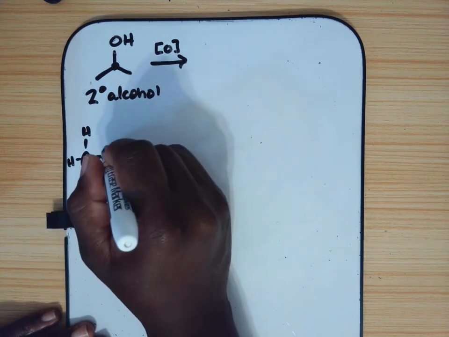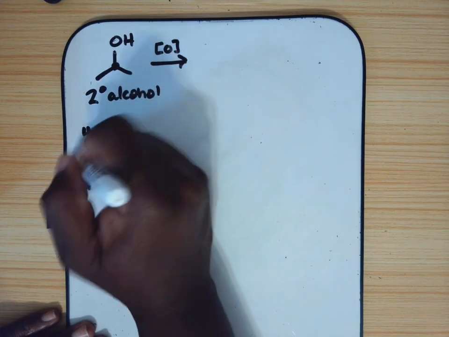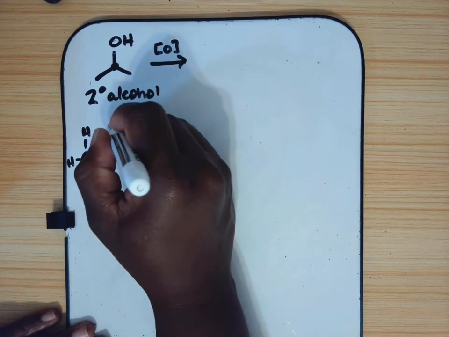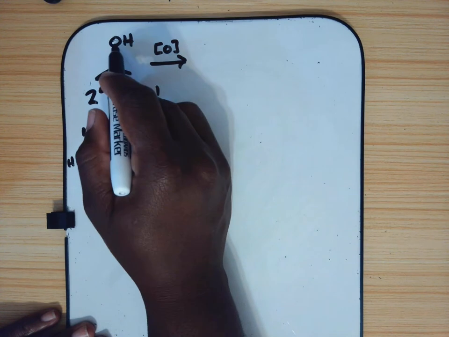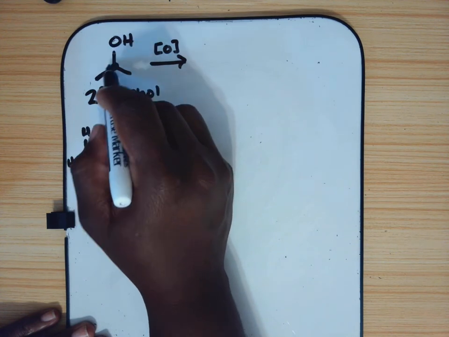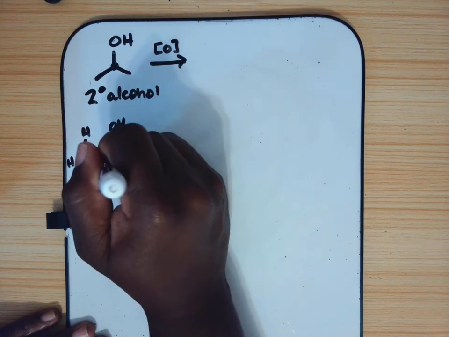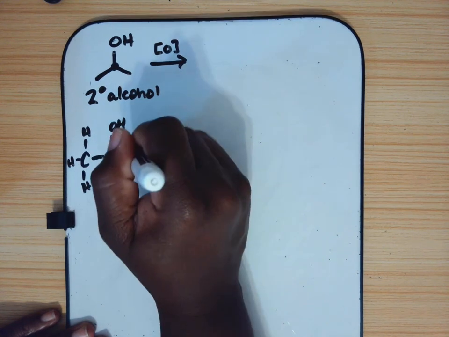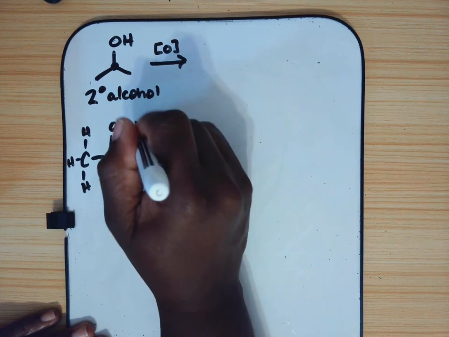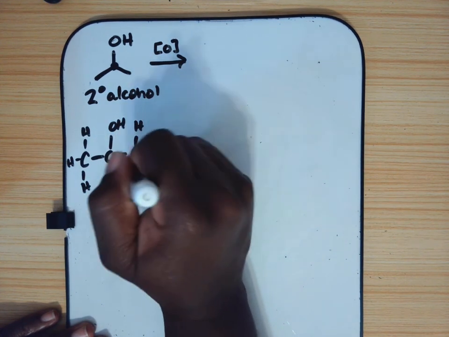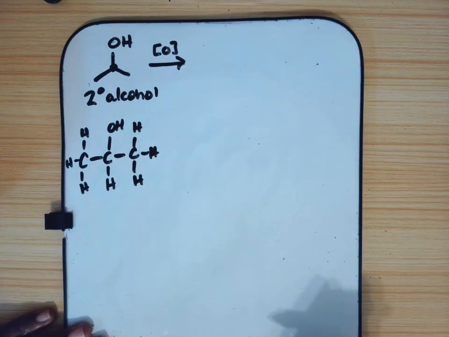So that first carbon, 1 bond, so there are 3 hydrogen. Second carbon, it has 3 bonds because you have the OH. You have the 2 carbon, so therefore it has 1 hydrogen. And then that third carbon, we can only see 1 bond, so we know that it also has 3 hydrogen.